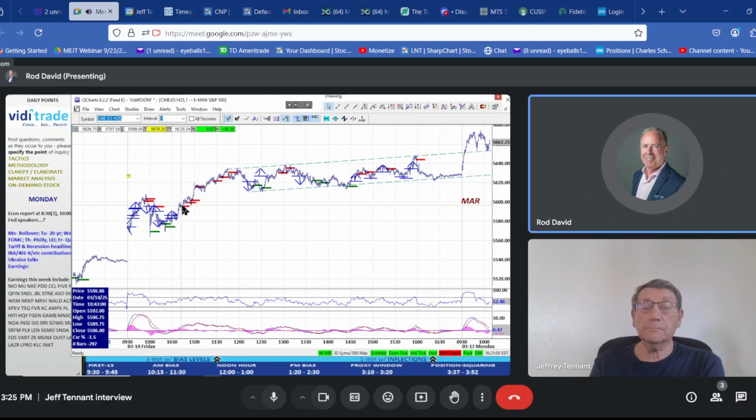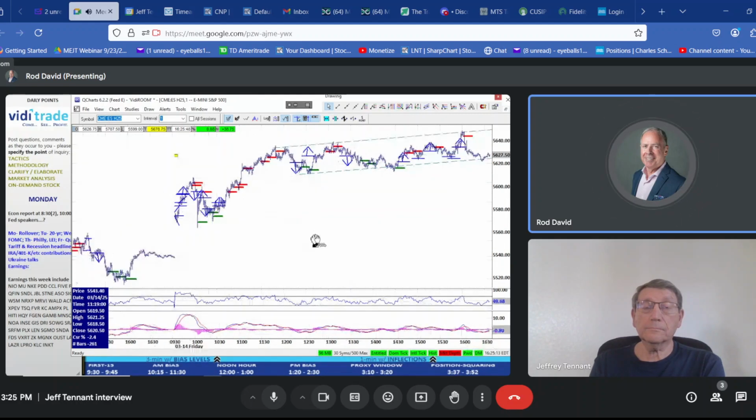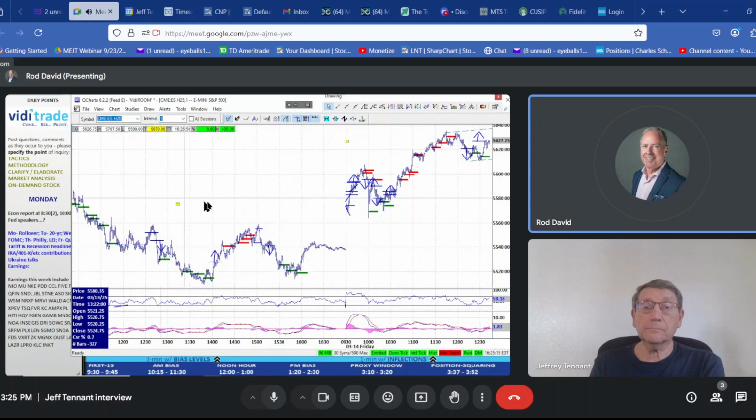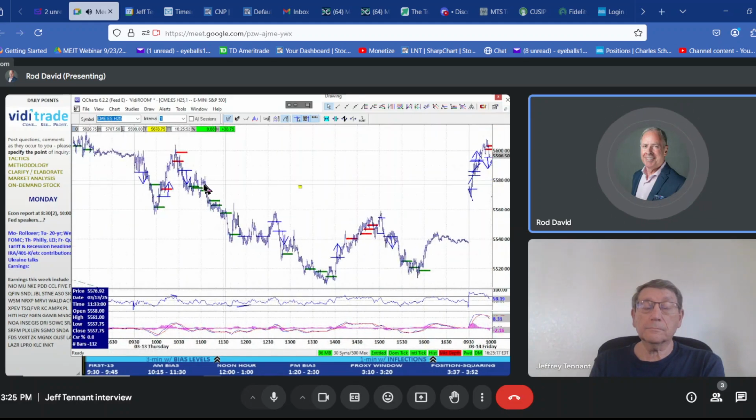Again, pullback limit. This is when the pullback limits are tested. That's when the 3x3 tactic, if you're following that, says add or get back in, and can help to participate in more substantial moves. Sometimes we catch, but we will catch the bigger moves. It's just a matter of where the entry is.